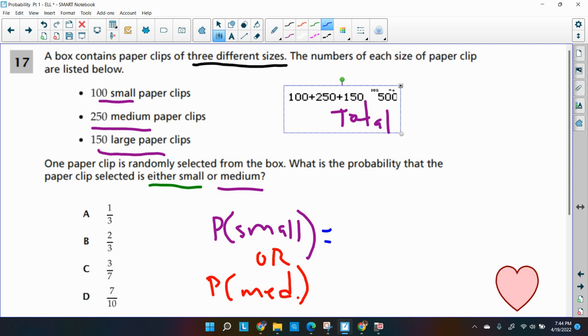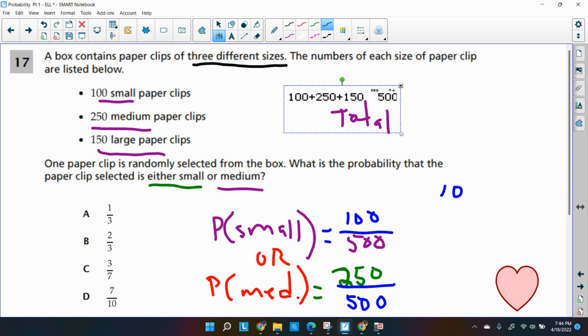There are 100 small clips out of a total of 500 clips. So if I get one of the small ones, I win. But it says if you get a medium clip, you're going to win. How many mediums were there? There were 250 medium clips, out of 500.